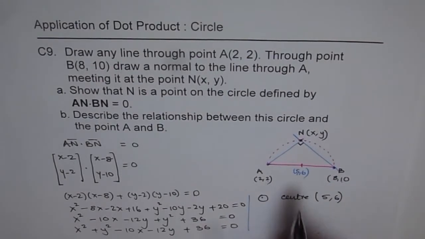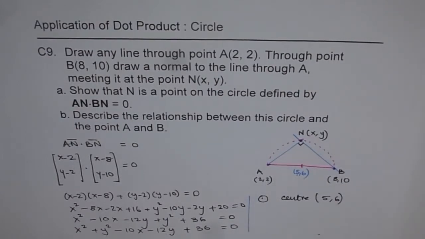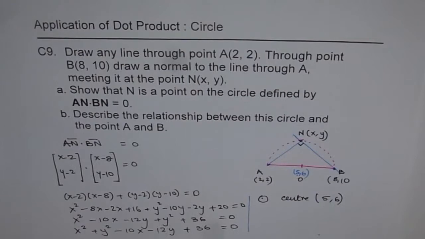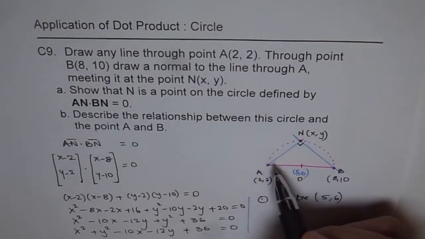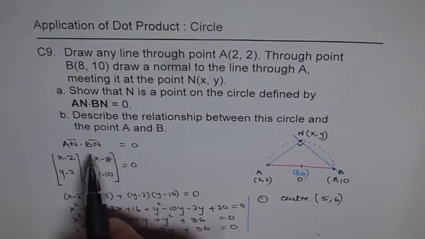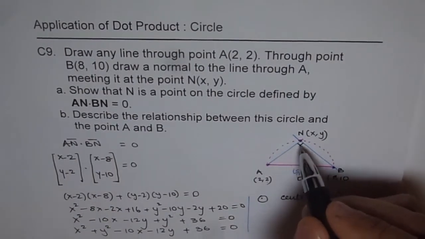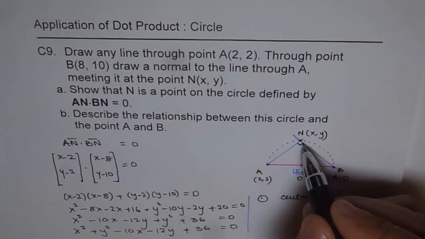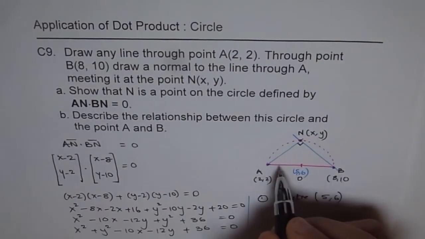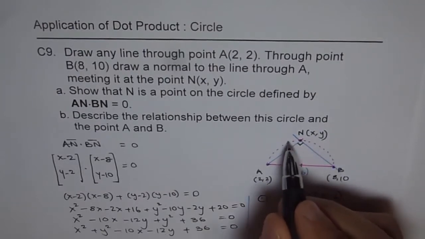So that is indeed a midpoint. We can write this as O, the center of the circle. So what we proved just now is, since the AN and BN dot product is 0, they do intersect at 90 degrees. Well, it was a normal, so it was supposed to be. And what we have proved here is that it lies on a semicircle.